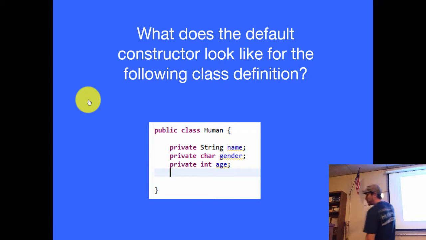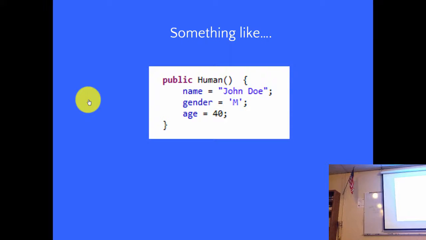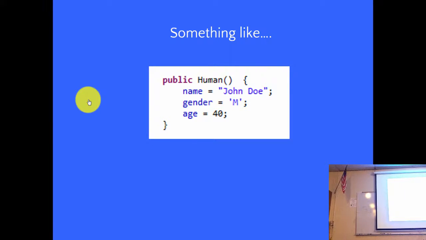I thought there were parameters that were supposed to go in there. Just remember that it does not have a return type. I saw you had a return type. So constructors have no return types. Remember, they're special kind of methods with no explicit return types. They do return a reference. And they're always public. They're always the same name as the class. And the default constructor has nothing in the parentheses. So if our class is called human, then the constructor is called human.